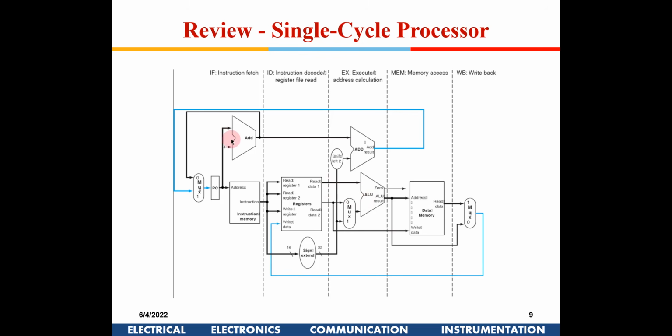It is actually part of the ALU, so it is not separate hardware, it is only time shared. Physically the hardware is the same, but virtually it is used at different periods of time by using multi-phase clocks, and that is the reason this adder is shown out here also.